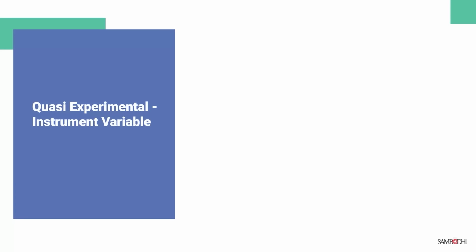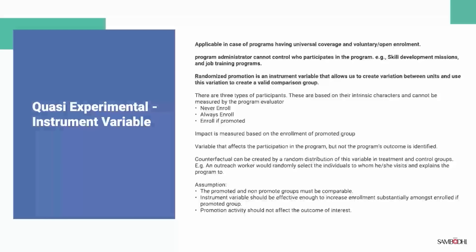Among the many approaches of quasi-experimental research designs, as we have already come across, there is the instrumental variable approach. This type of approach is one that overcomes endogeneity. It is applicable in the case of programs having universal coverage and voluntary enrollment.